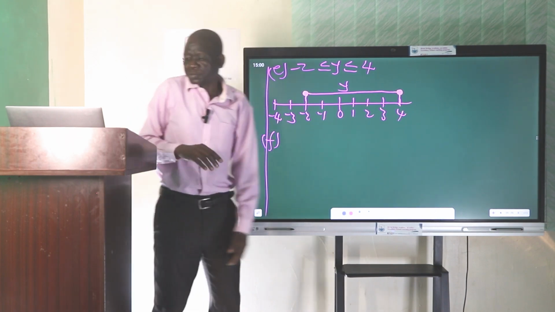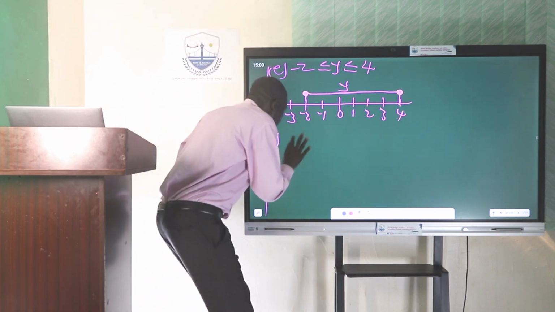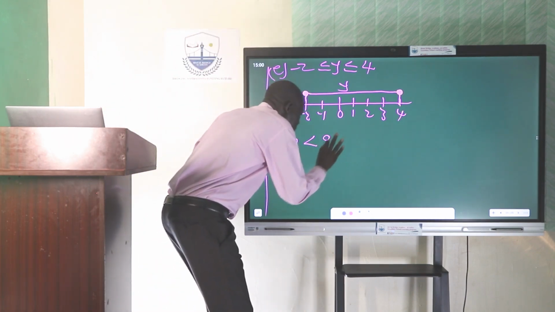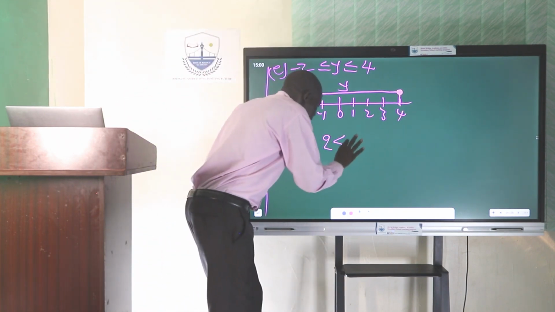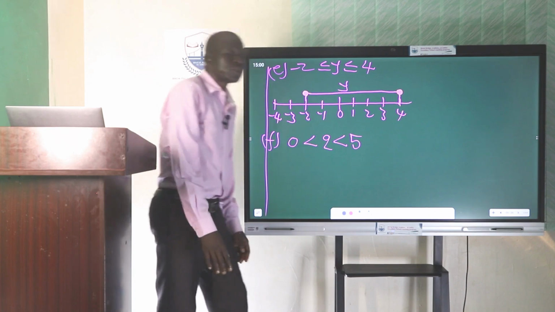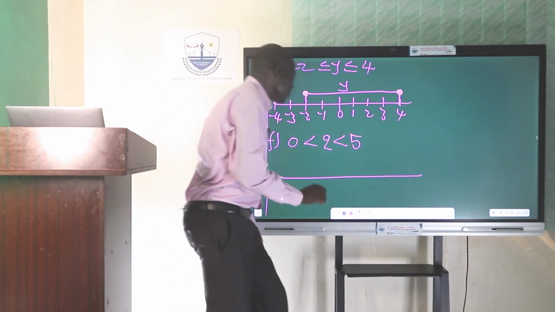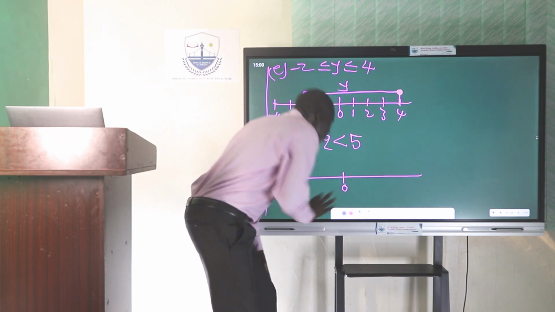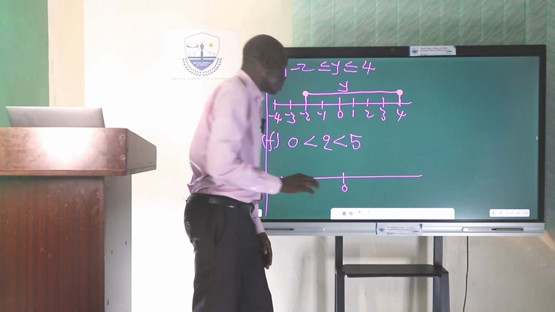Part F, we have 0 is less than Q, and Q is less than 5. We also do the same. We draw a number line, put 0. Figures on the right-hand side of 0 are positives.